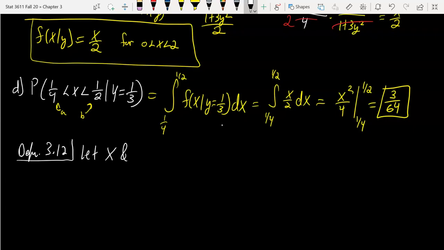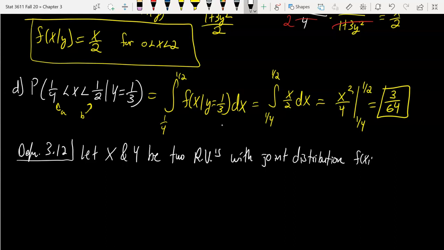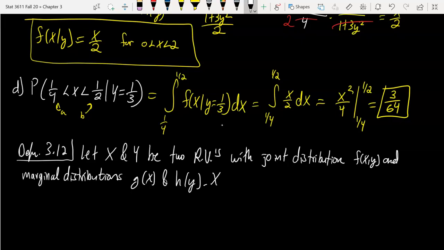Definition 3.12. Let x and y be two random variables with joint probability distribution f of xy, and marginal distributions. Just defining the notation for the definition here. We'll use g of x for the marginal distribution of x and h of y for the marginal distribution of y.